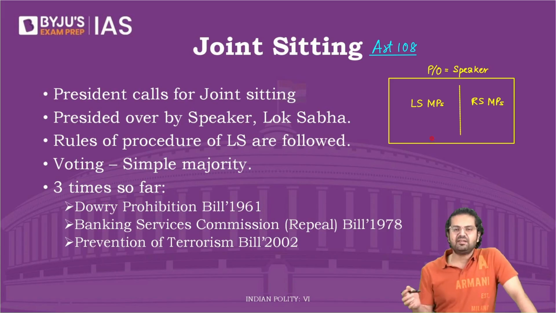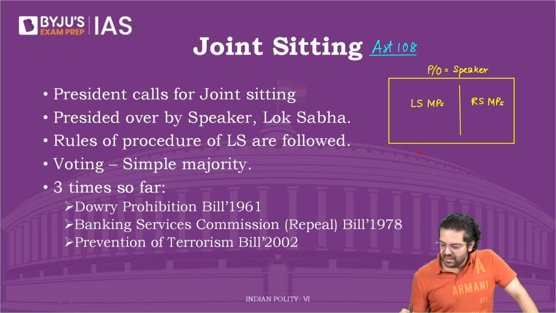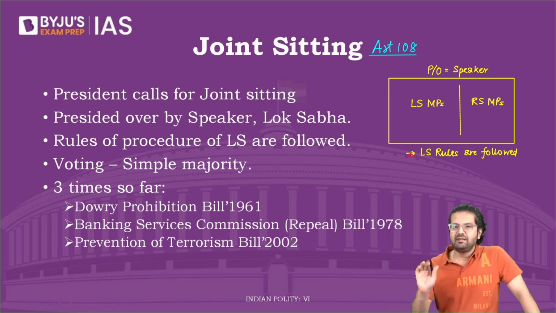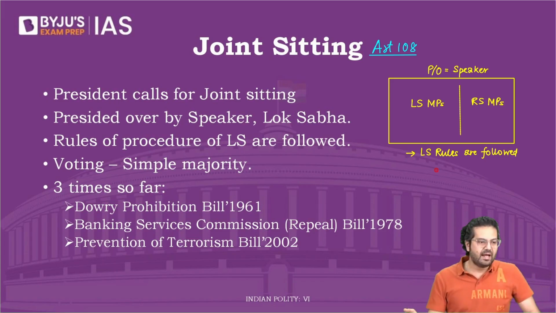And since this particular joint sitting is taking place in the Lok Sabha, my house, my rules. Lok Sabha rules are followed, not Rajya Sabha rules. Clear? Then voting is done. Voting by a simple majority, and the bill is passed. Okay.